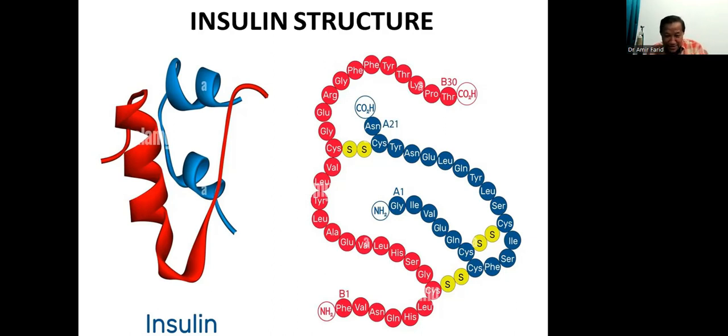So you can see all the cysteines are joined to another cysteine with a disulfide bond. And this gives it the 3D structure. The bonding will force the chains into a certain 3D structure. And on the left is a simplification of this chain and how it would look in 3D.